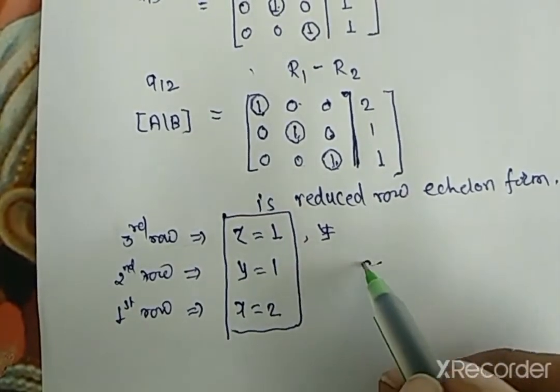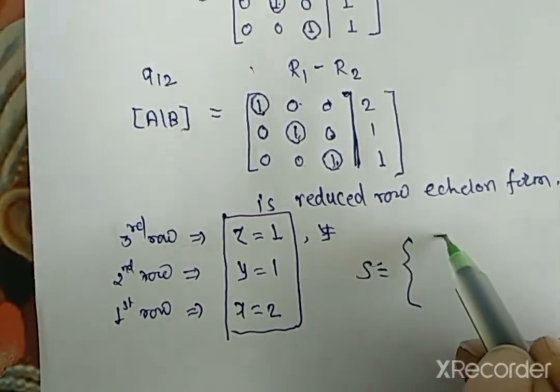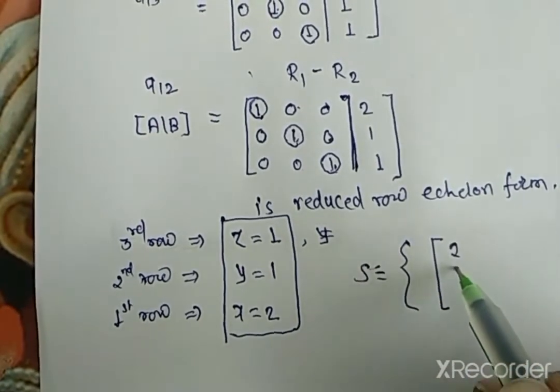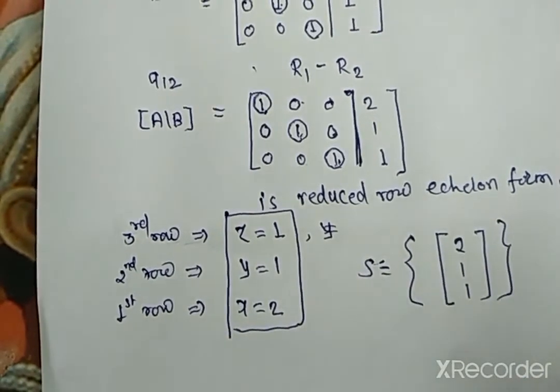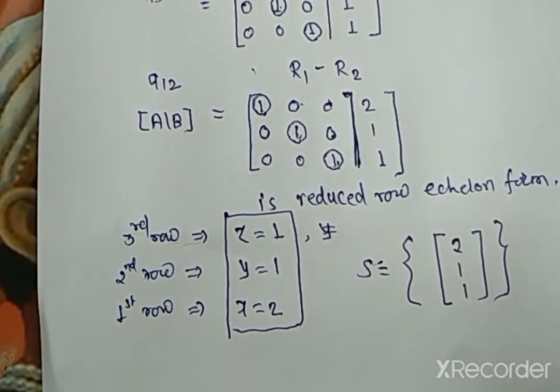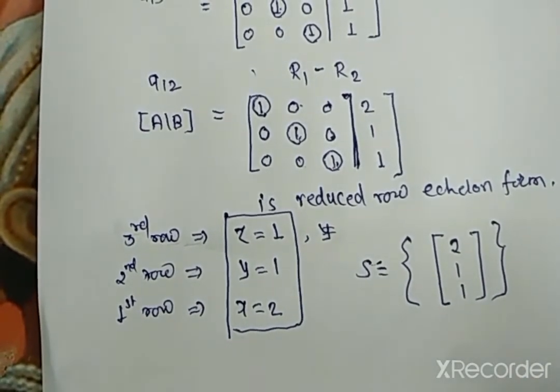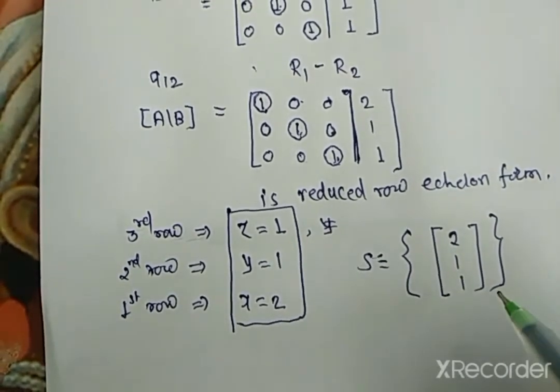The solution set is (2, 1, 1), which is our solution of the given system of linear equations by the Gauss-Jordan elimination method, and which is unique.